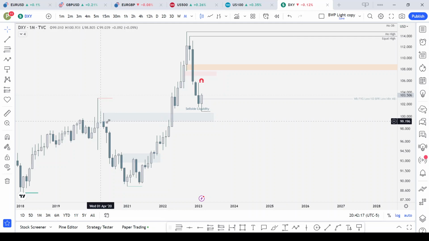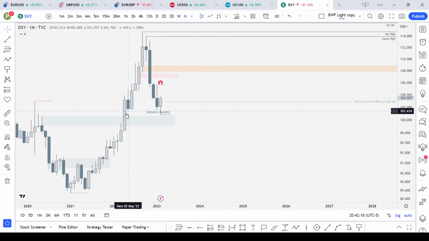And we have this buy side imbalance, sell side inefficiency. The market has dropped slightly into it for institutional order flow entry and reacted to it. This is a really strong reaction.